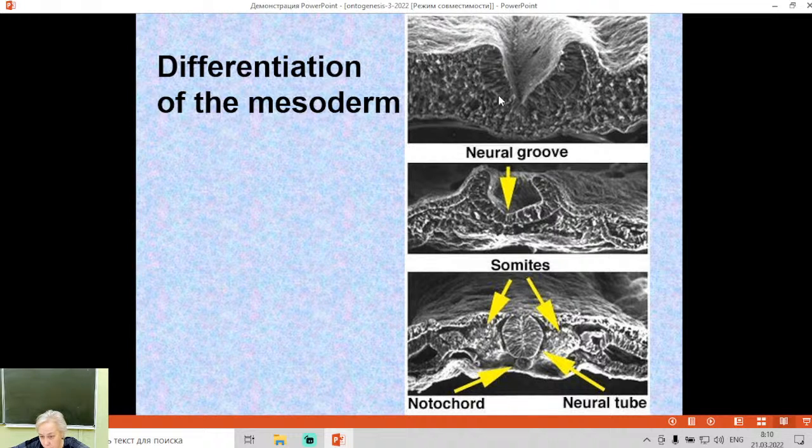With electron micrographs, you see the process of formation of the neural groove, the neural plate under the notochord. You see the notochord. The neural plate, neural groove with neural ridge fuse and form the neural tube above the notochord. And between ectoderm and endoderm, you can see the process of formation and differentiation of mesoderm.